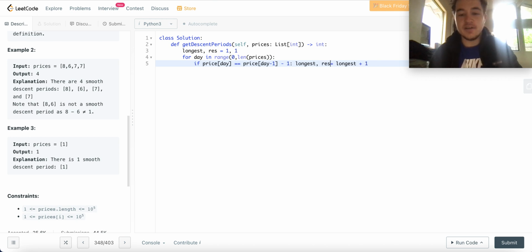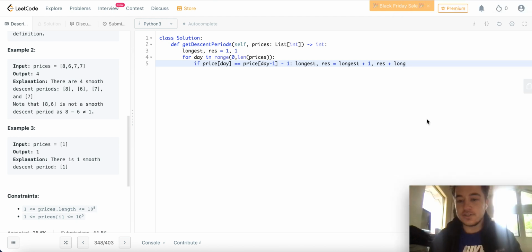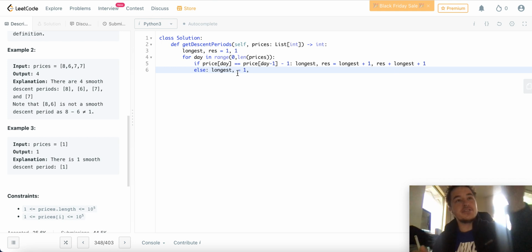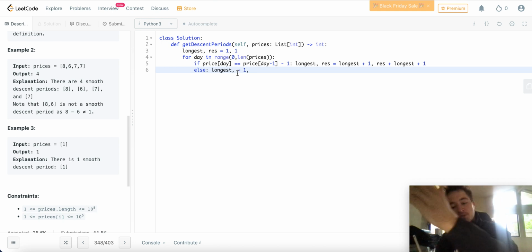And that means we have the current number of solutions plus all the solutions that we get from attaching ourselves to the previous longest, and then an additional solution for just ourselves. Otherwise, longest has to be reset to 1, because we've lost that momentum that we were getting, because we had all these things decreasing by 1, and now this no longer is decreasing by 1, so longest has to restart.